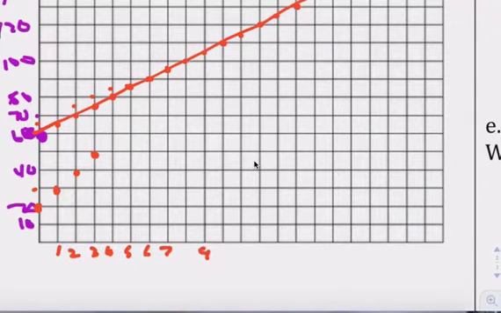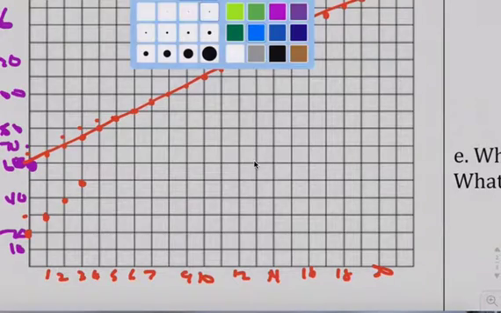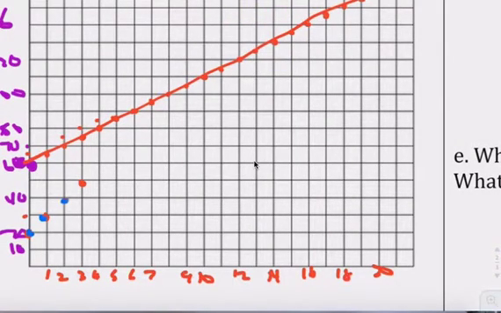I'm better with even numbers. Okay. Here's our solution. Aha. That's the solution there.